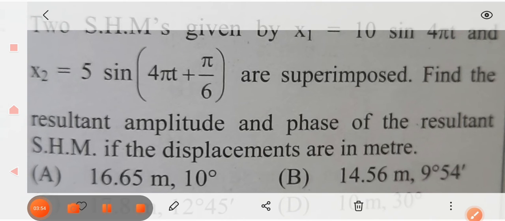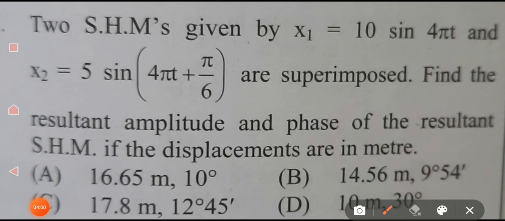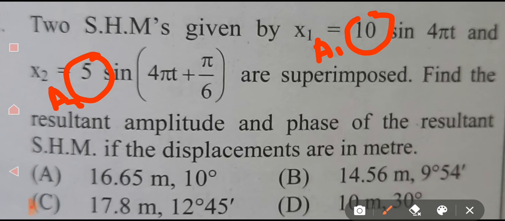Friends, in this question, we take the first amplitude as A1 with its angle, and the second amplitude as A2 with its angle. The values are A1 equals 10, A2 equals 5, and the angle is pi by 6.